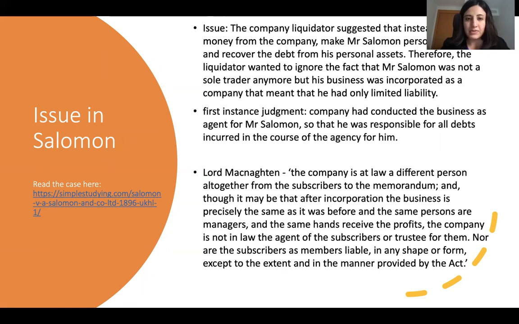The issue in this case was that the company went into liquidation, and Mr. Salman was a preferred creditor. Basically, the company had loans, and the creditors wanted to make Mr. Salman personally liable, because after paying off Mr. Salman's loan, there wouldn't have been any money left for the creditors, and the creditors wanted to recover the money that the company owed to them.